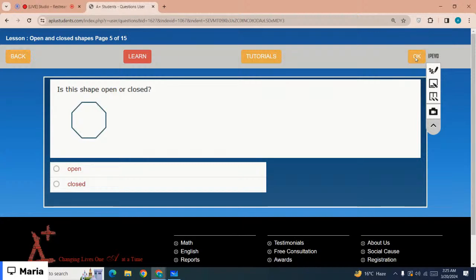Is this shape open or closed? The correct option is closed shape, it is right.